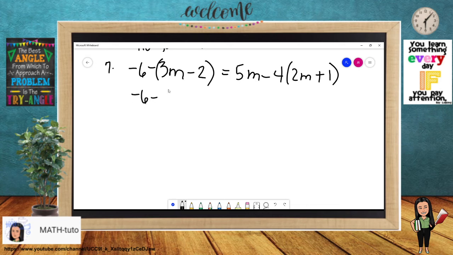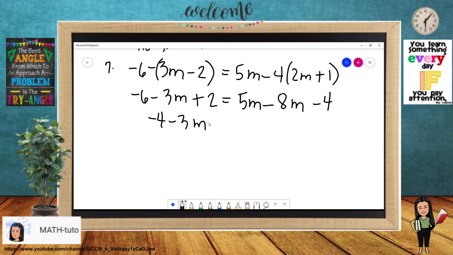Negative 6 minus 3m plus 2 is equal to 5m minus 8m minus 4. So, this is negative 4 minus 3m equal to negative 3m minus 4. Okay?